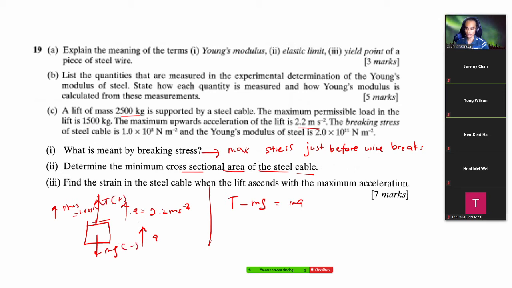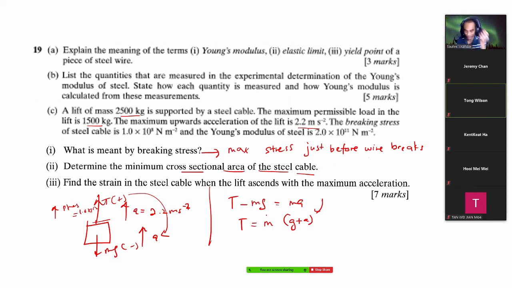T is positive because it has the same direction as the acceleration, that is pointing up. So T minus mg equals ma. So we have T equals m(g plus a). You just reshuffle the equation on top, and then you substitute everything.